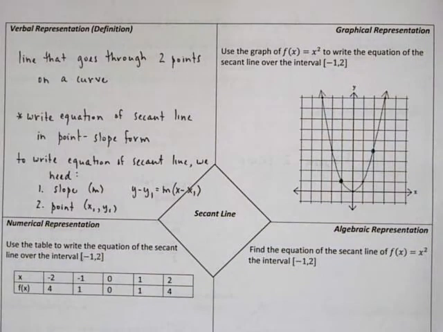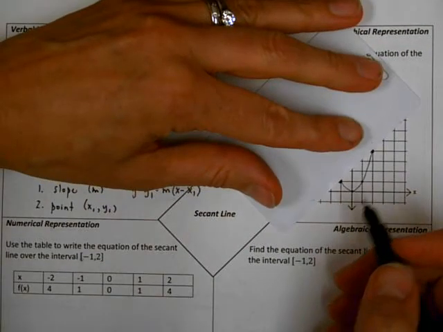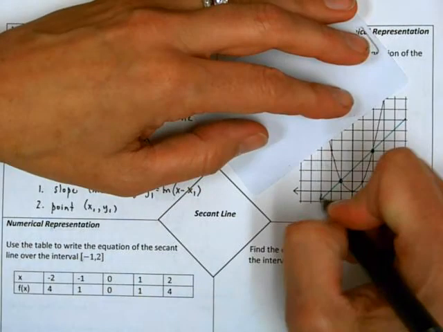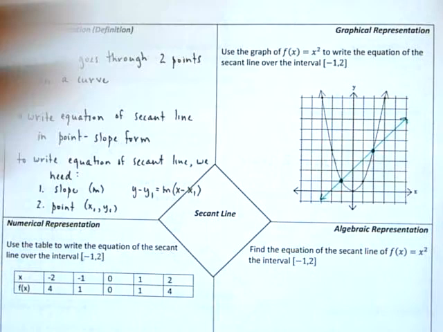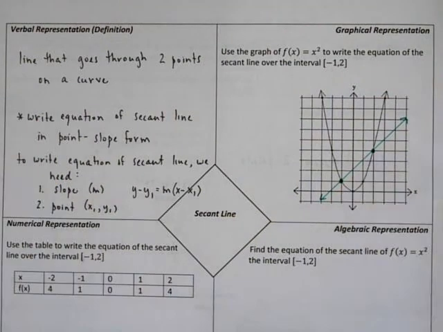That's my point there. And what I'm going to do to get my secant line, the graphical representation, is I'm just going to connect those 2 points. Okay, so there is my secant line. Again, just the line that goes through those 2 points on the curve.